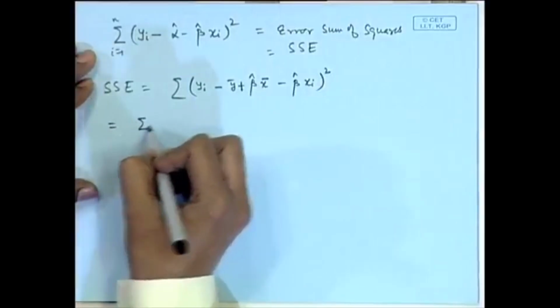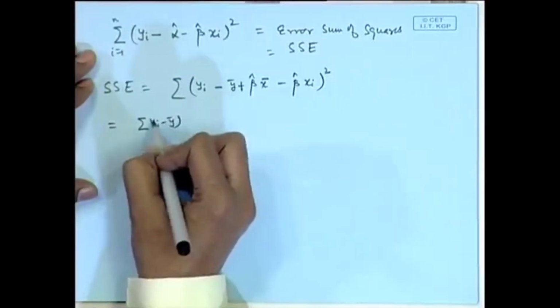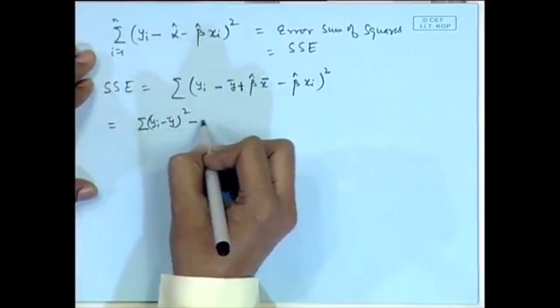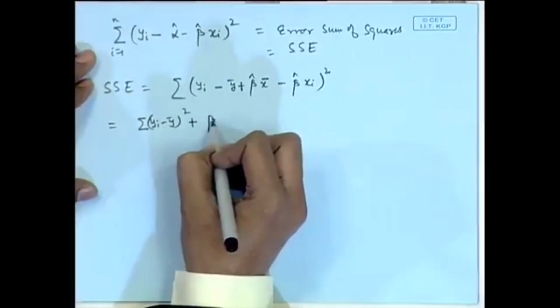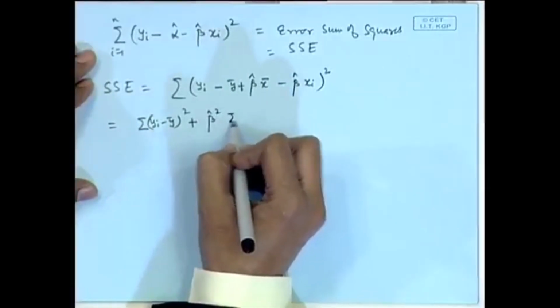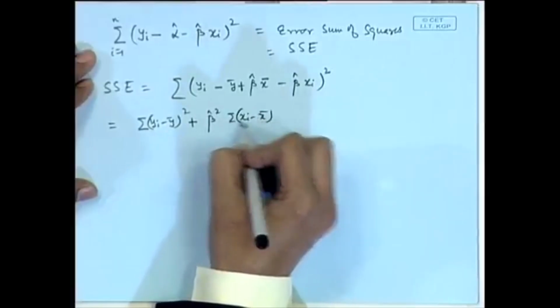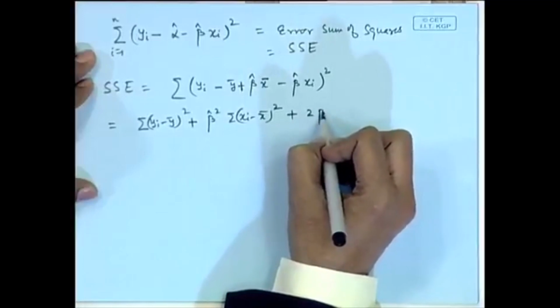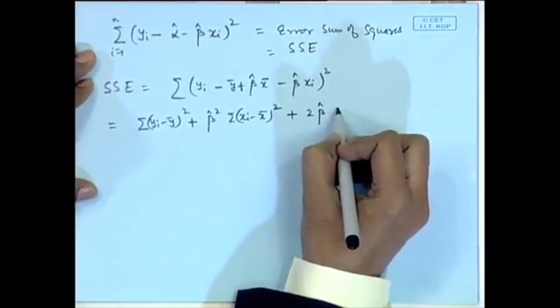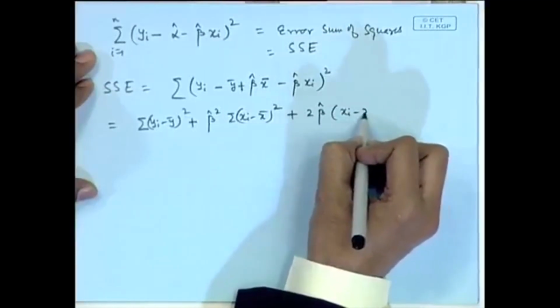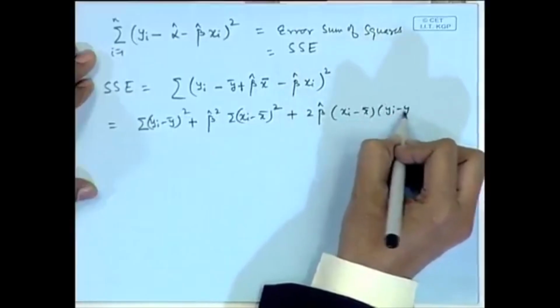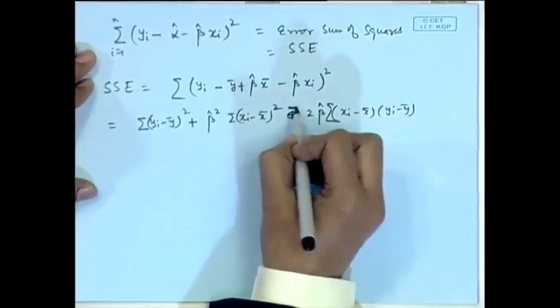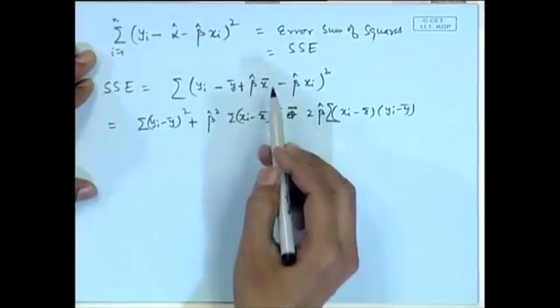That is equal to sigma (y_i minus y bar) whole square plus beta hat square sigma (x_i minus x bar) whole square plus twice beta hat (x_i minus x bar)(y_i minus y bar) summation with a minus sign here. I have taken the cross product term here.